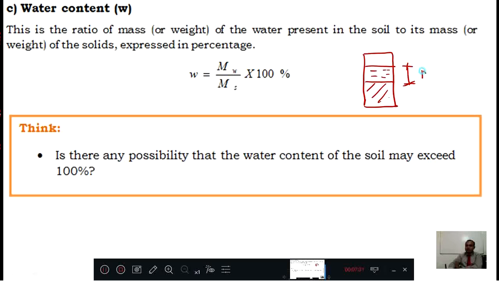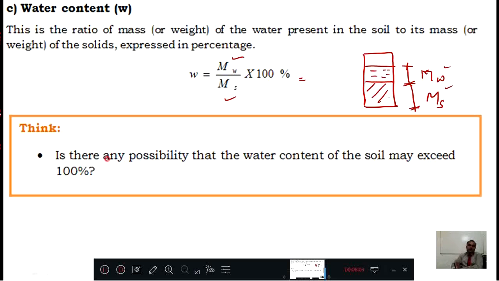Let us consider this is the mass of water and this is the mass of solids. The ratio between these two is nothing but water content. That is, the ratio of mass of water to the mass of solids. It can be expressed in terms of 100, that is, as a percentage. So the water content is the ratio of mass of water to the mass of solids, expressed as a percentage.